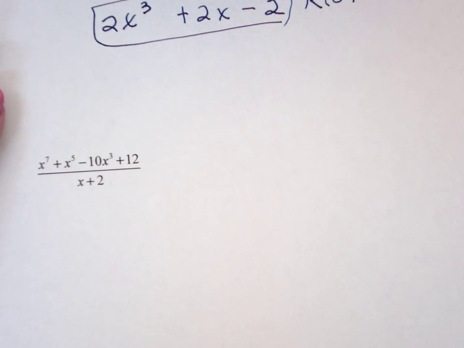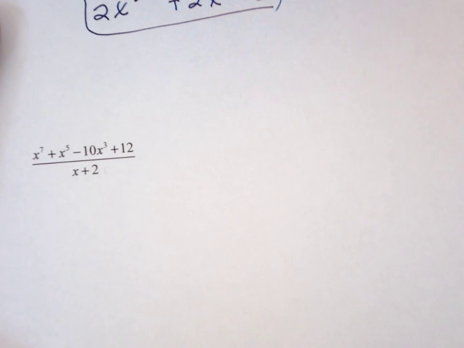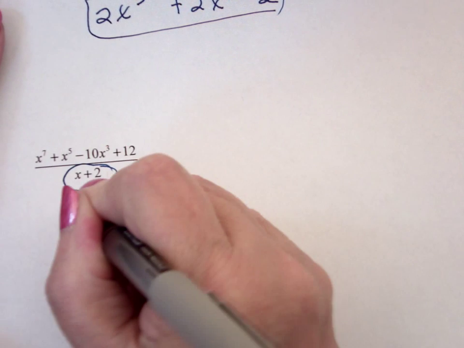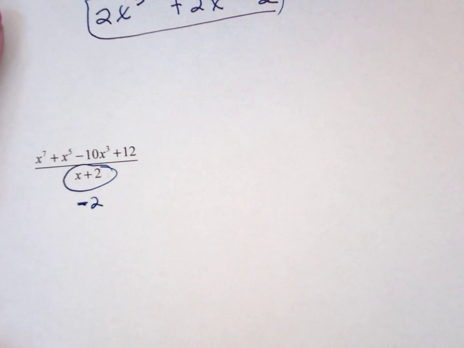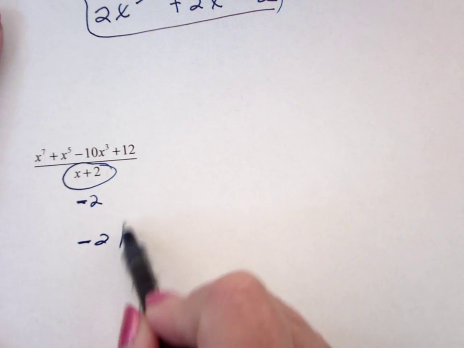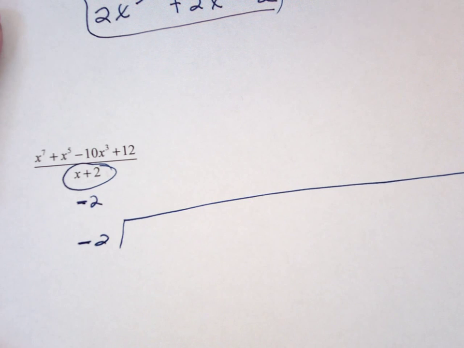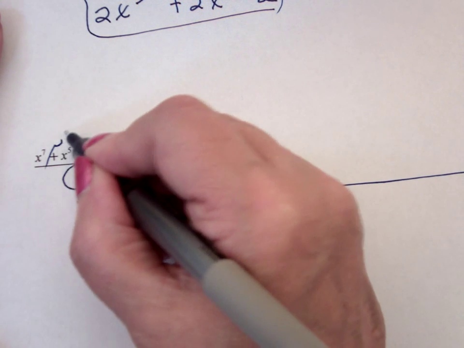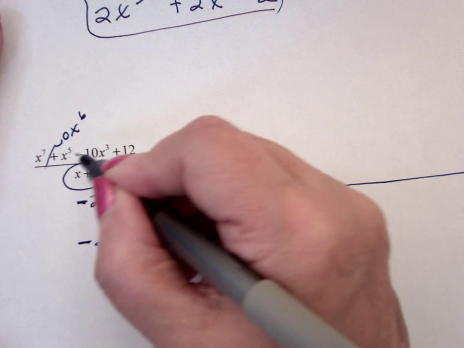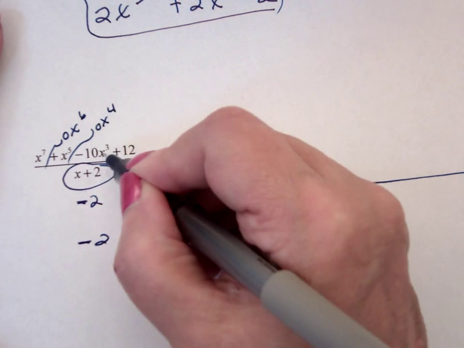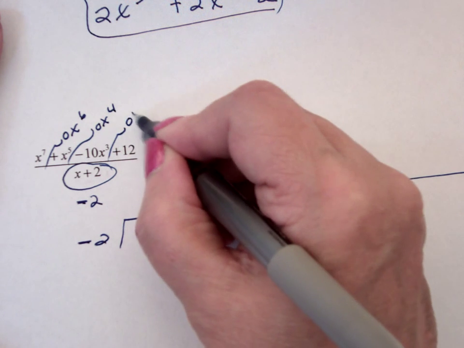So much for that. Now this is where you love synthetic division, by the way. I'm dividing by x plus 2, so I'm going to use a minus 2. There's an x to the 7, but there's no x to the 6th. 5, there's no 4. 3, there's no 2.